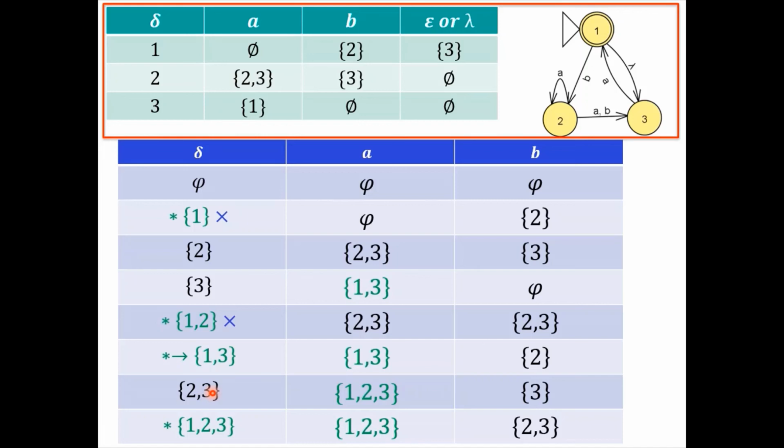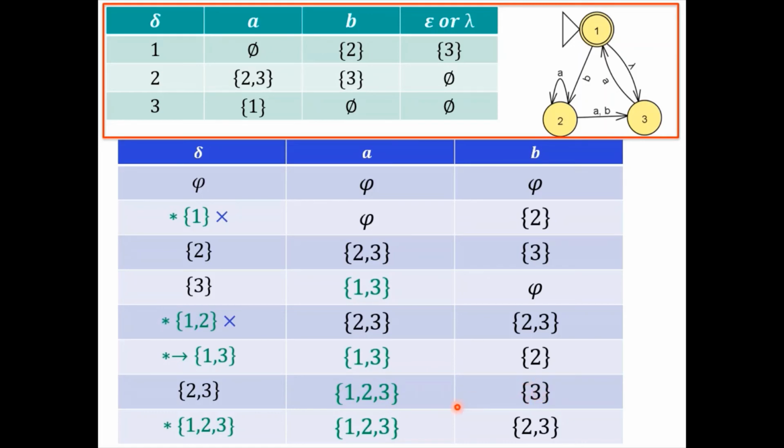Next, for state 2, 3, and the input letter is A. Consult the NFA. At state 2, there is a transition towards 2, 3. At state 3, there is a transition towards 1. Both of these would be united and the result would be state 1, 2, 3.